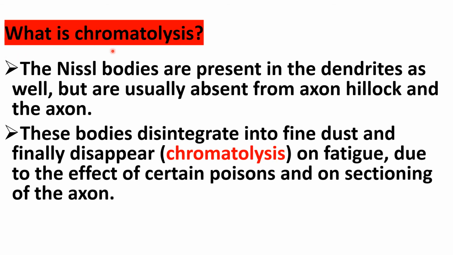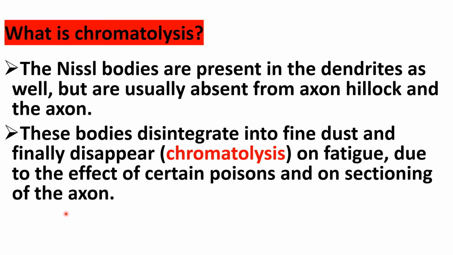What is chromatolysis? Nissl bodies are present in the dendrites as well, but they are usually absent from the axon hillock and axon. These bodies disintegrate into fine dust particles and finally disappear by the process of chromatolysis, due to fatigue, the effect of certain poisons, or on sectioning of the axon.